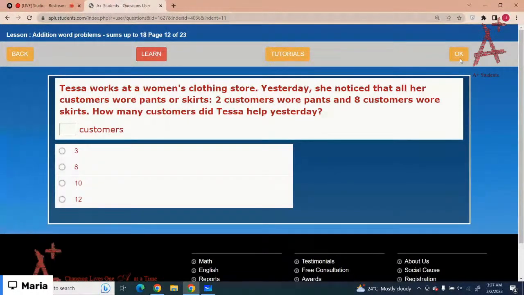So 2 of the customers wore pants and 8 customers wore skirts. So you need to add 8 plus 2. Got it? So start with 8 and count up 2. So 8 plus 2 equals 10.